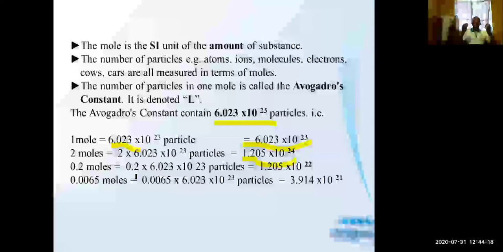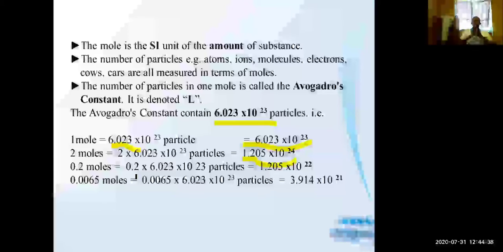What you do, you just multiply the given moles times the number of particles in 1 mole, which is 6.023 times 10 raised to power 23.